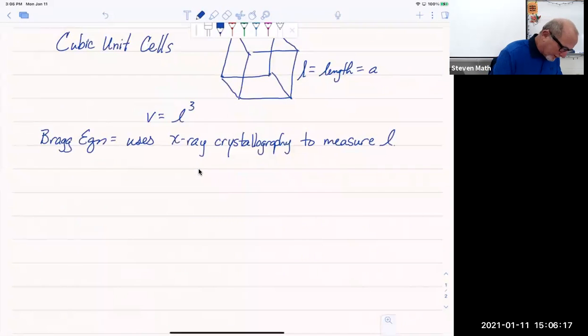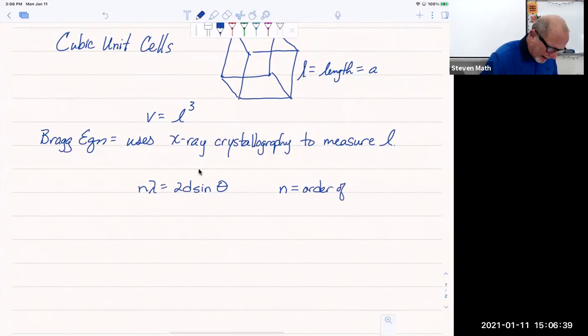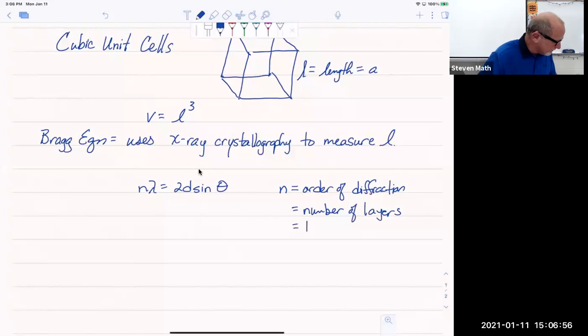The equation itself is quite simple. It is n lambda equals 2d sine theta. And in this one, n is going to be considered the order of the diffraction. That's the number of layers that they're looking at, which will usually be equal to 1.